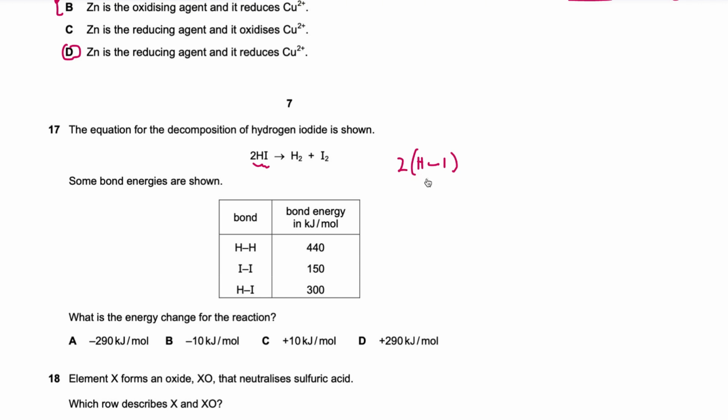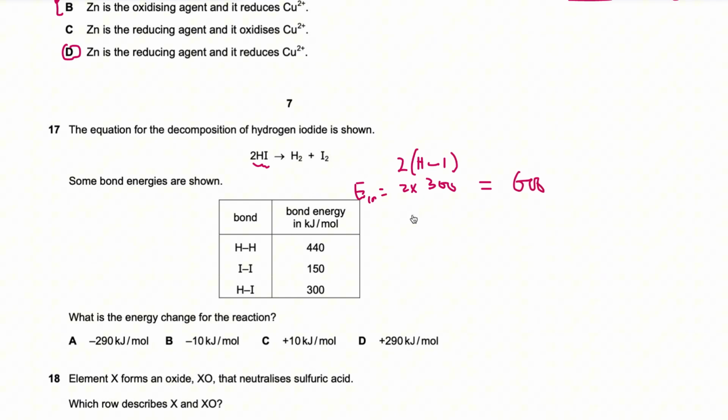So we say 300 times 2. That will give us 600. So this is our energy in. Energy in is the energy in breaking the old bond, in order to form new bond. So this is 600 kilojoule per mole.